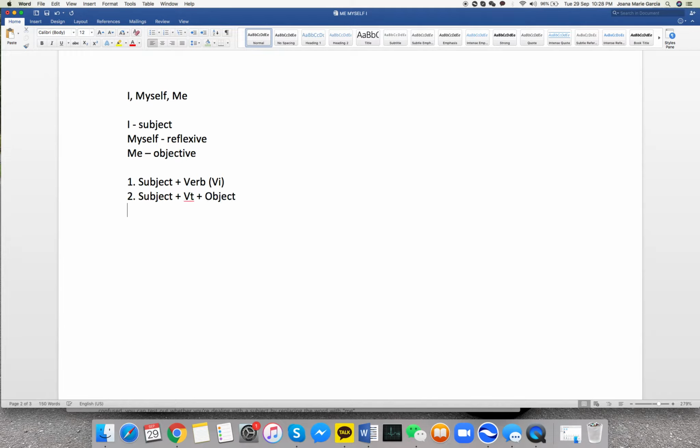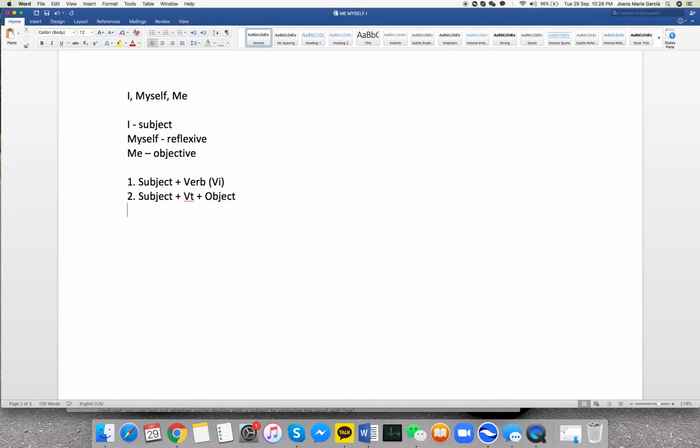Number three, subject plus linking verb plus complement. We're going to talk more about that later on. Then we have subject plus VT plus indirect object plus direct object. We're going to learn about this later on, don't worry.